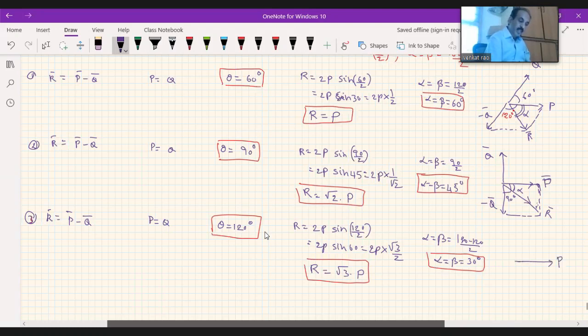This is P. This is Q. Angle between them is 120.